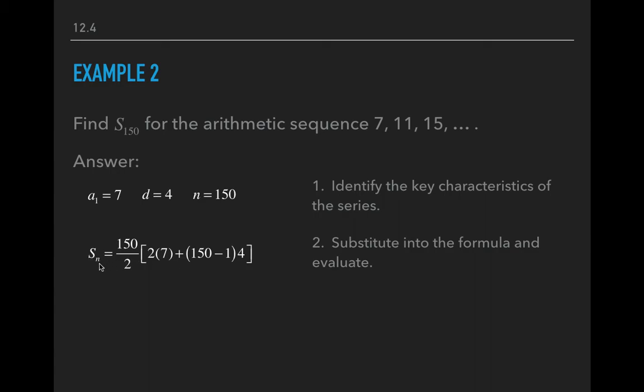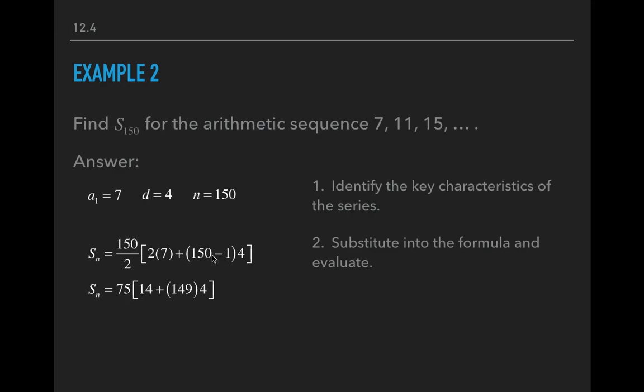So the sum of my 150 terms is 150, which is my n, divided by 2, times my first term times 2, that's 7 times 2, plus n minus 1, that's 150 minus 1, times that common difference. I'm going to simplify. Half of 150 is 75. The product here is 14.